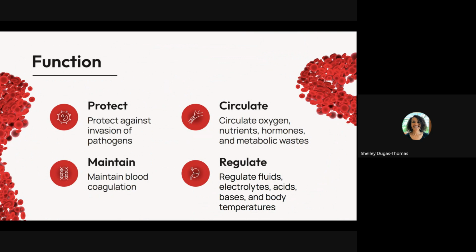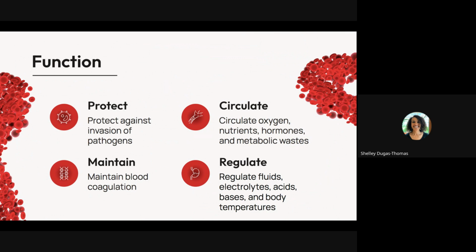So the blood has several functions. One is to protect. The blood defends the body against infection and foreign substances through white blood cells, antibodies, and clotting mechanisms that prevent excessive bleeding. It also helps in circulation. Blood transports oxygen, nutrients, hormones, and waste products to and from tissues, ensuring cells receive what they need for metabolism and survival.